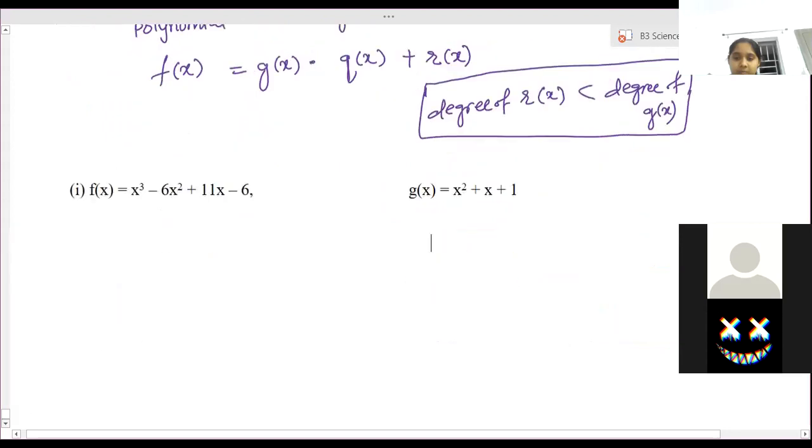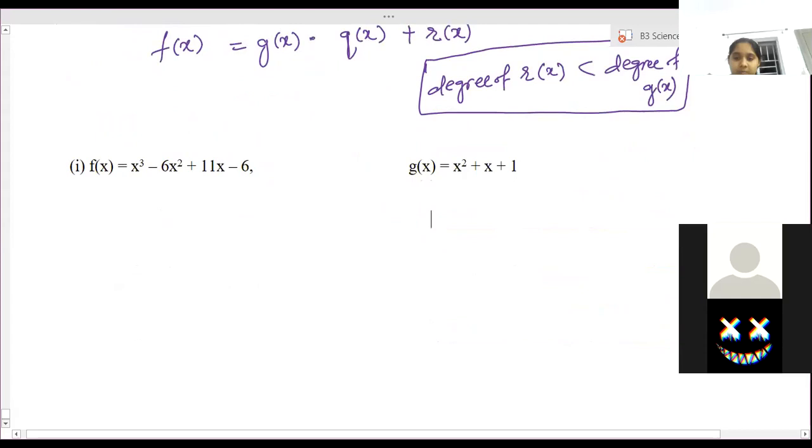Okay, we have to use long division only. So f(x) is divided by g(x). x cubed minus 6x squared plus 11x minus 6 divided by x squared plus x plus 1. Now, you are doing this from class 8th.